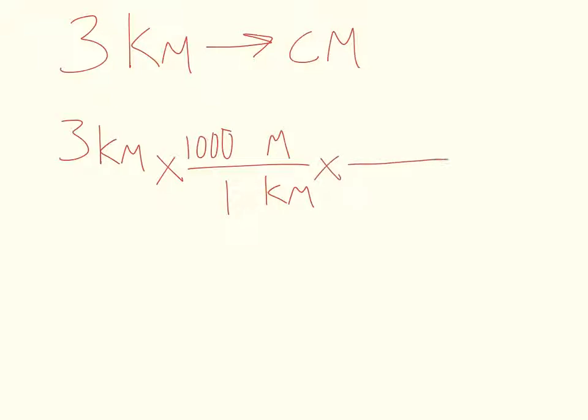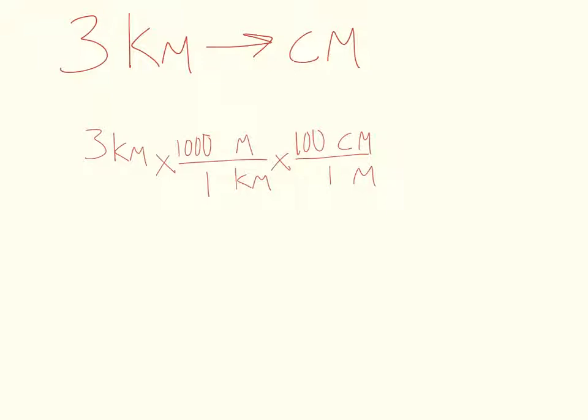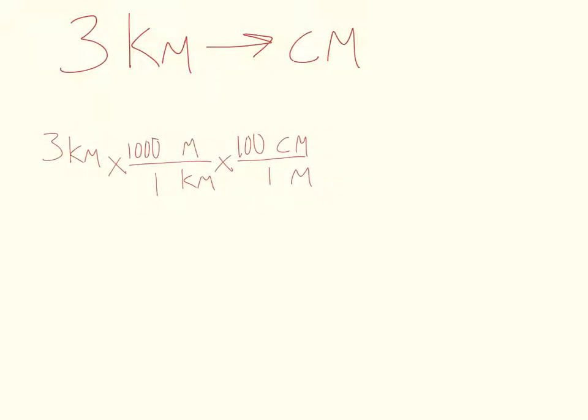And now I need another conversion factor. And looking at this, I want to make sure I cancel out meters, so I'm going to put meters in the denominator. Meters on the bottom, centimeters on top, which is what I'm converting to. Looking back at the table 1.2, I know that in 1 meter there are 100 centimeters. Let me shrink this a little so I can fit it. Now all I'm left to do is the math.